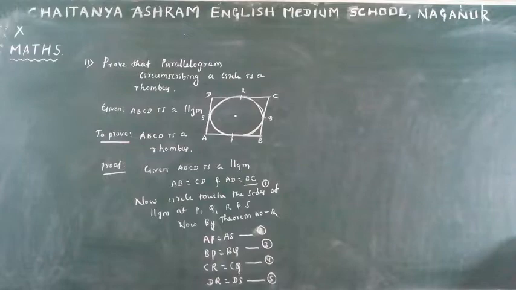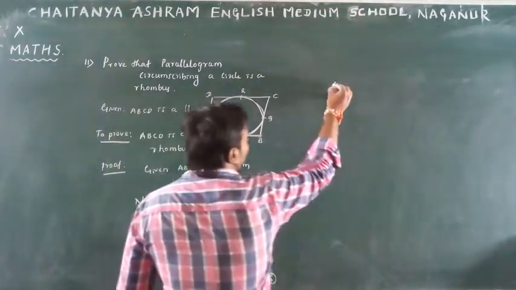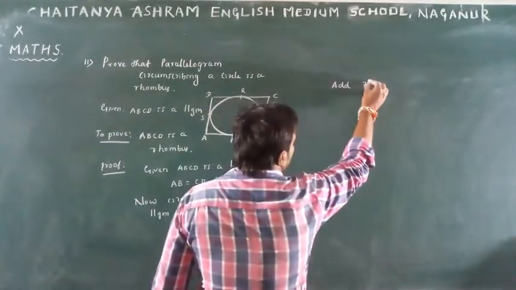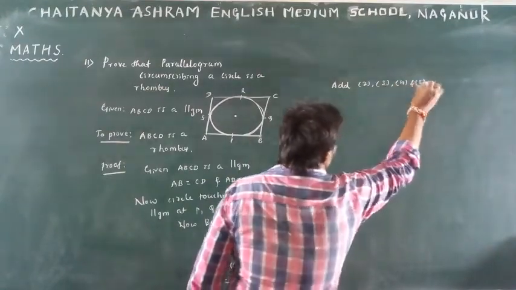Okay, dear children, add these 4 results, that is result number 2, 3, 4 and 5.